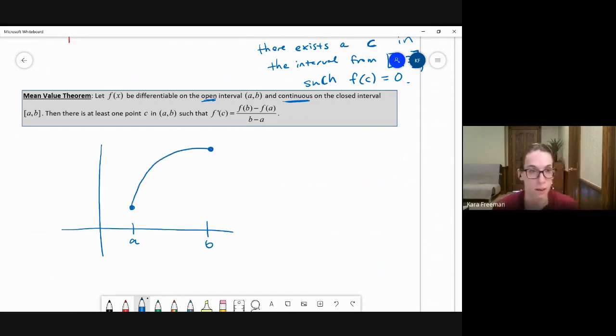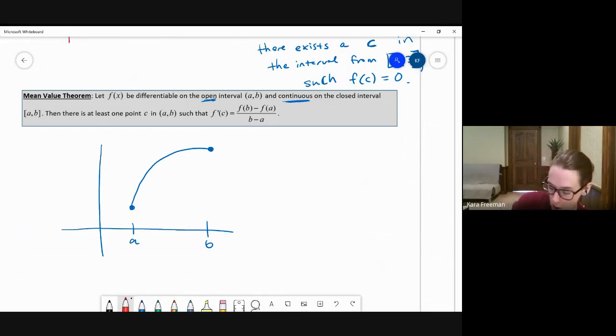I'll draw something like that. Do you agree that that function is differentiable on the open interval and continuous on the closed interval? If we know it's differentiable and continuous, then there must be at least one point inside that open interval such that the slope of the tangent line at C is equal to the slope between A and B.